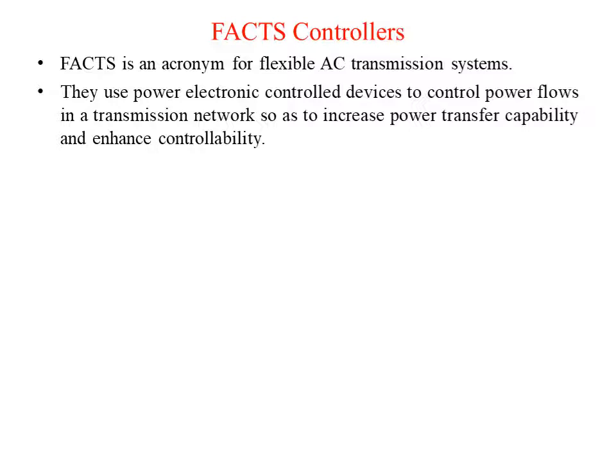All these drawbacks can be removed by using the HVDC controller, FACTS controller, and tap changing transformer. So this is one of the advantages, that by using the FACTS controller we can control the power transfer to its capability and enhance the controllability.